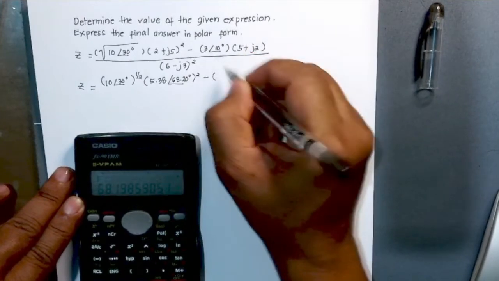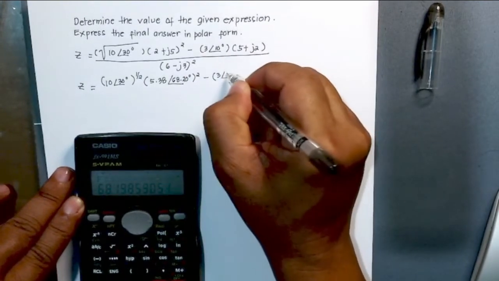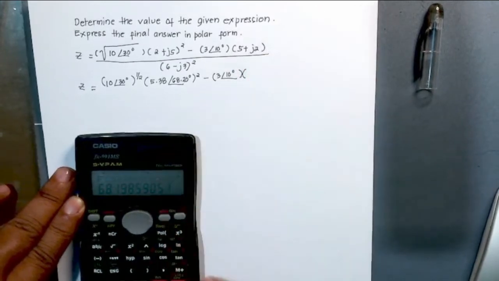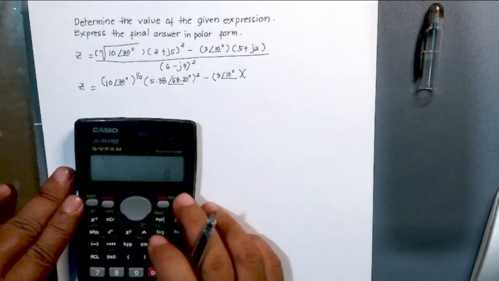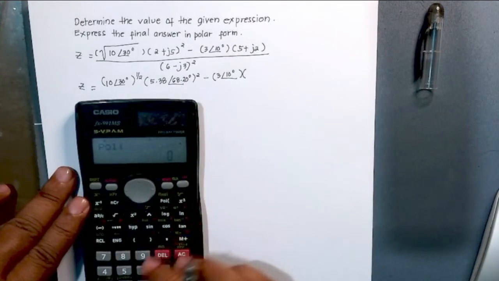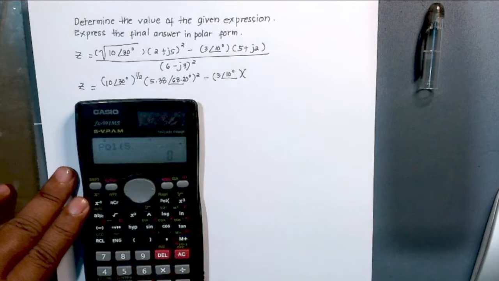So I'll just copy this one, 3 cis of 10 degrees. Again, here is a rectangular form. We change that to polar form, so that is polar 5 comma 2.